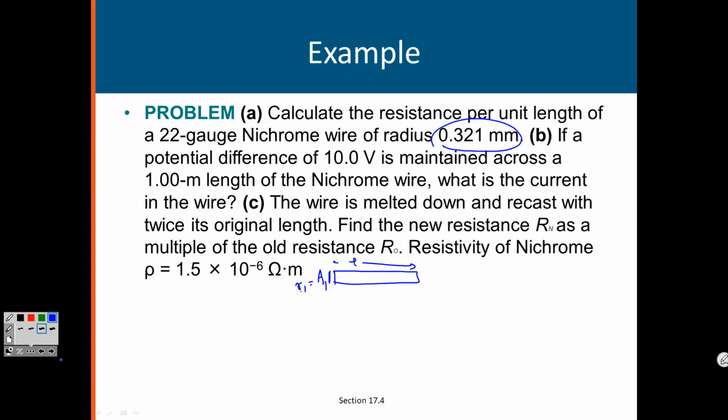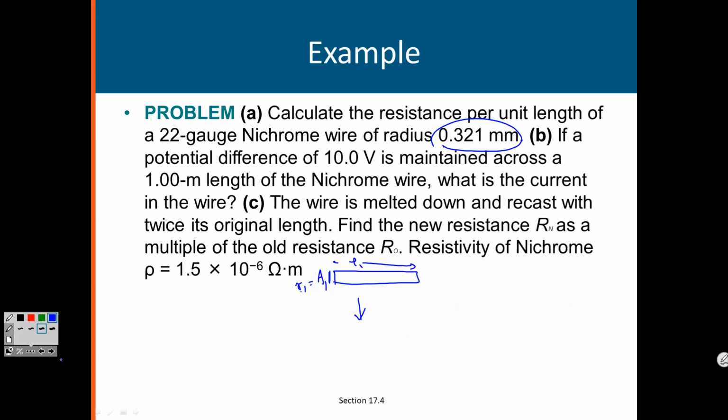Now we take this piece of wire, and let me call it L1, R1, and recast with twice its original length. So I recast, I hope you understand, you melt it, it becomes a liquid and forms the same material. We don't add anything, the same volume in that sense, but we stretch it, right?